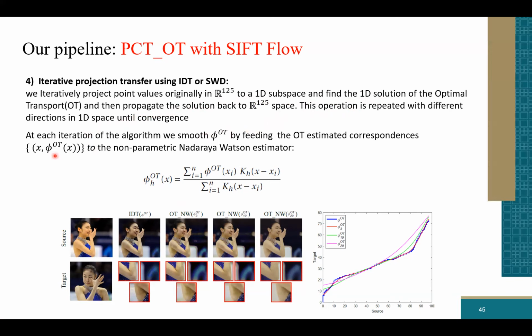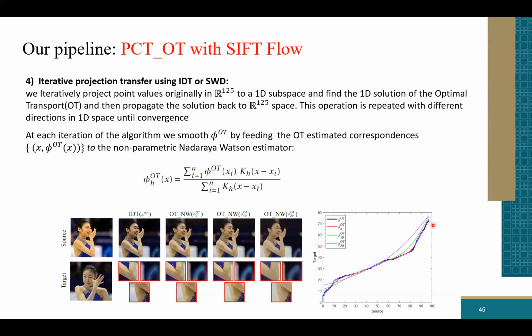But at each iteration, before we go to the next iteration, we take the estimated correspondences that come out from the optimal transport function. So we have X and the transformed X using this 1D optimal transport. We take all the estimated correspondences and feed them to the non-parametric Nadaraya-Watson estimator to create a smoother mapping.